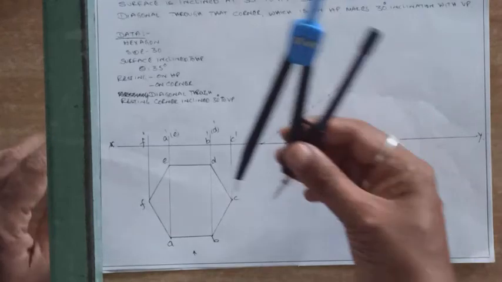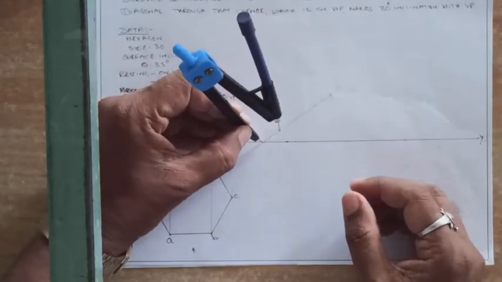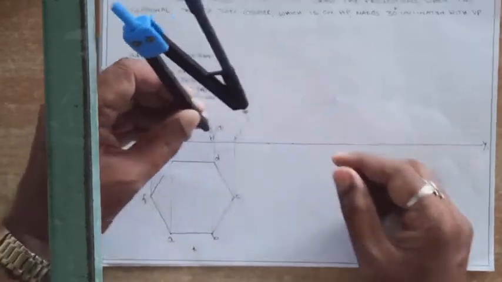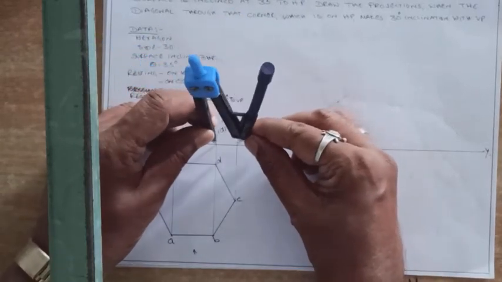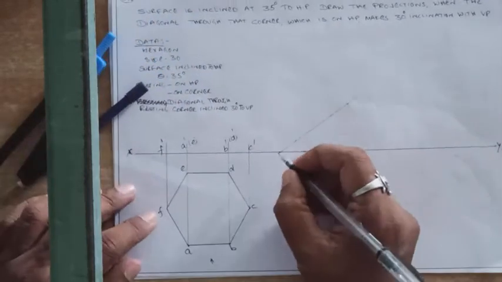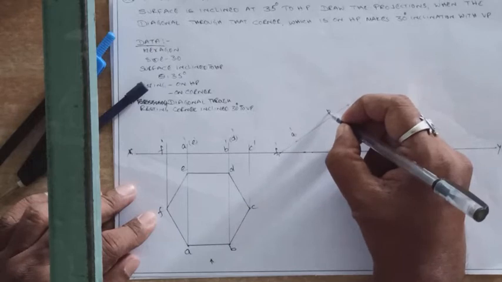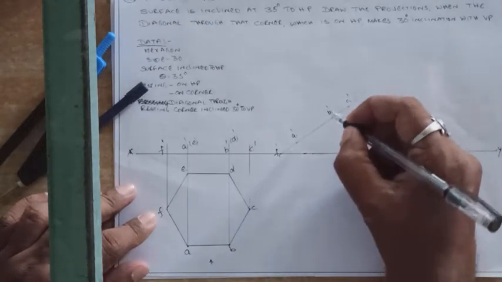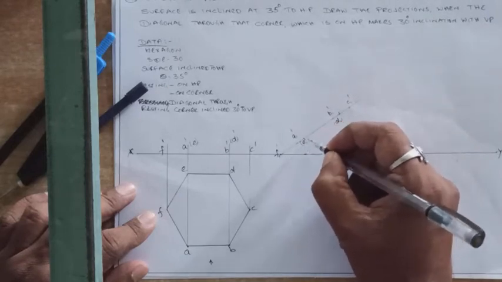From the first point you take F to A, mark here, then A to B, mark here, then B to C, transfer here. Now you can write the points as F1 dash, A1 dash, B1 dash, C1 dash. Then D1 dash is in bracket, E1 dash is in bracket.